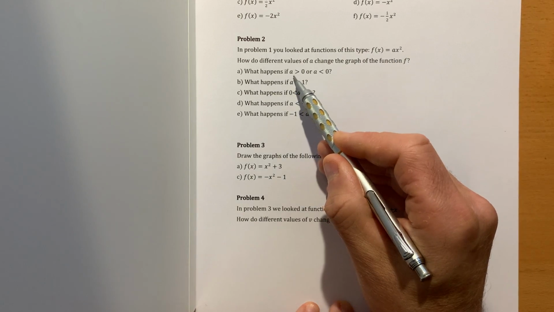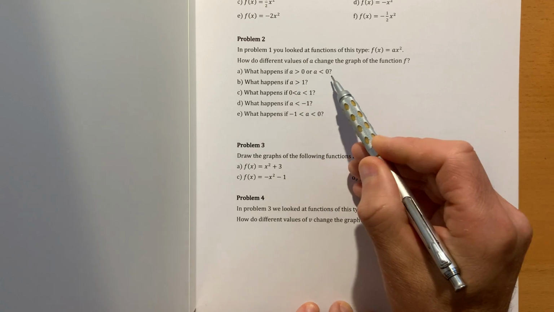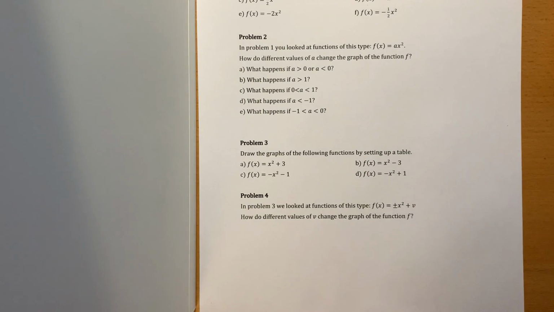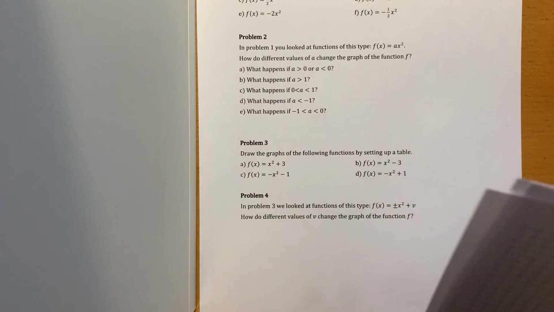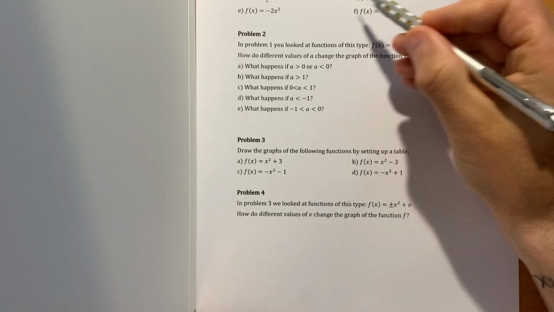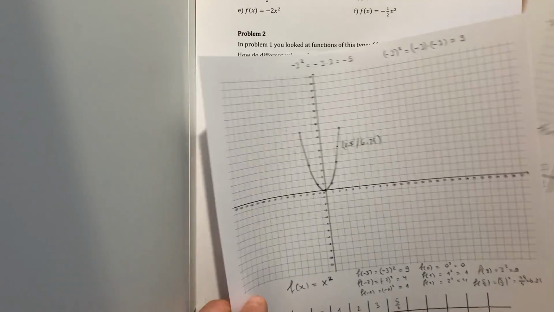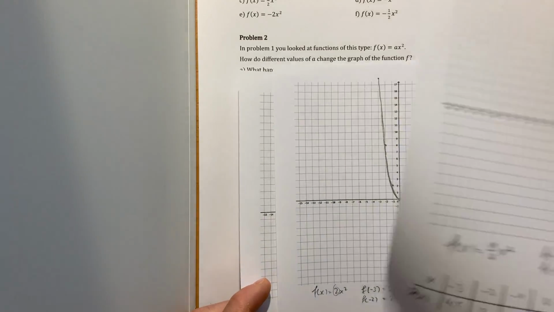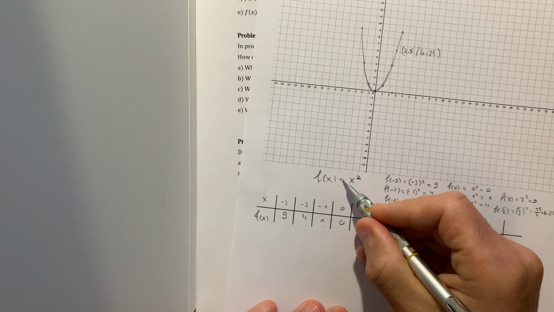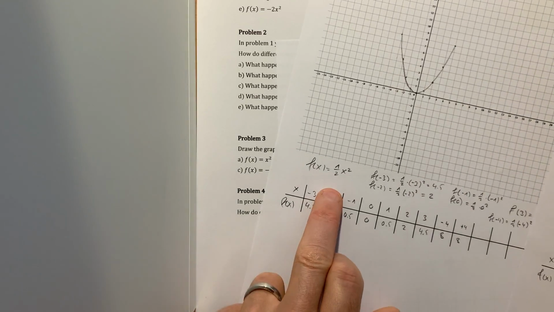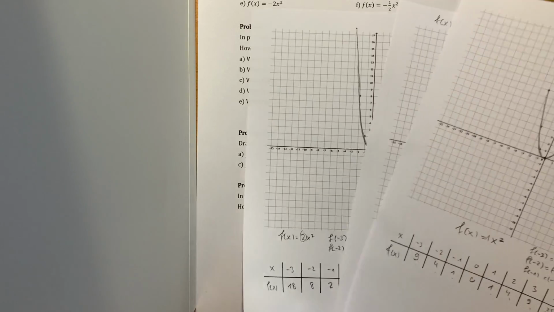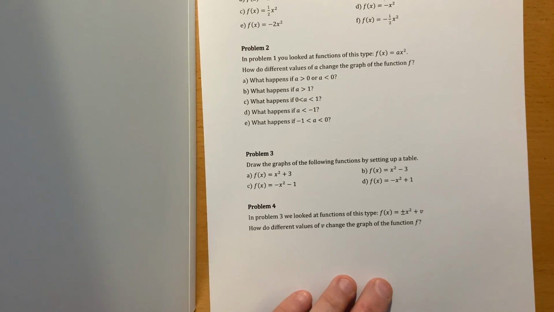So what happens if a is greater than 0 or a is less than 0? Well, if a is greater than 0, for 1, 2, and a half, we always had a happy parabola. So if the coefficient is positive 1, a half, or 2, there were always happy parabolas.